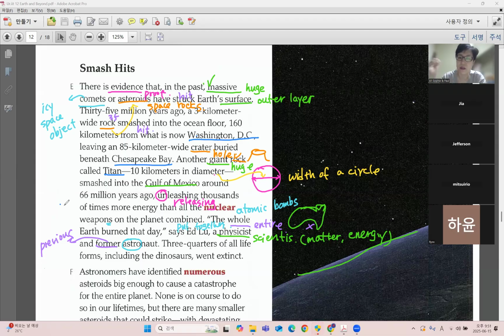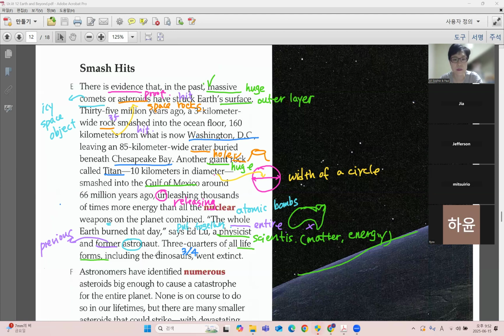And 3/4. What does it mean, 3/4? Three quarters of all life forms. What are life forms? Living things.